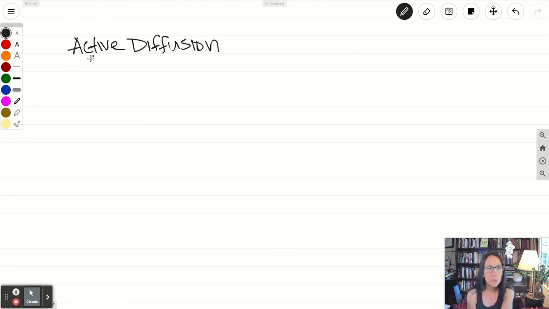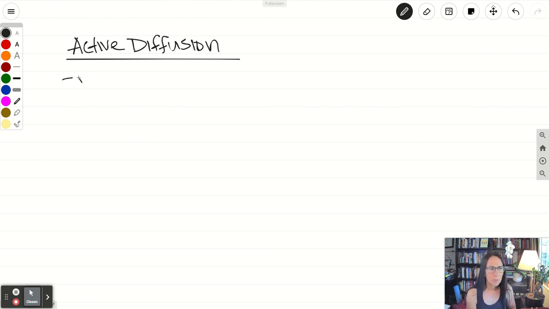Active diffusion is the opposite of passive diffusion. Substances go from a less crowded area to a more crowded area. So it's going against the gradient, and so it's going against nature.